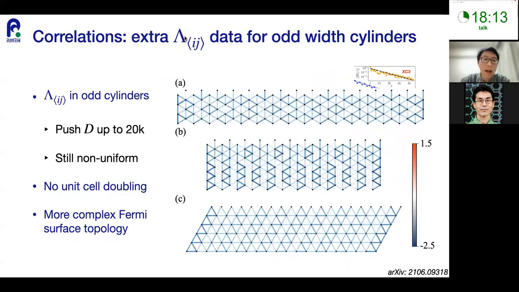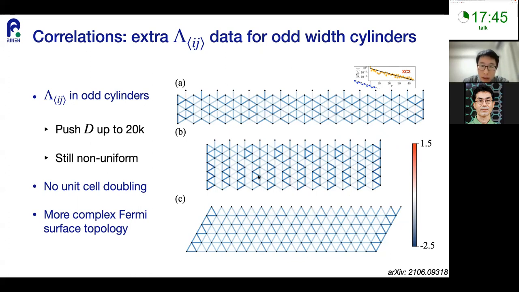And here I want to show more data about the odd width cylinders. This figure shows the nearest neighbor RCO4 spin correlation distribution in odd width cylinders. You can see that even if we push the bond dimension up to a very large number, its distribution is still not uniform.